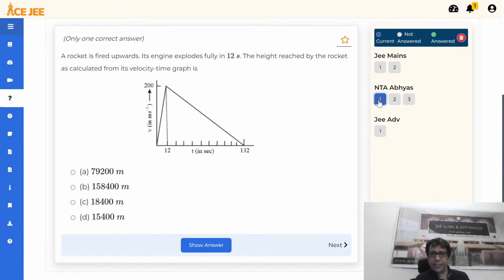Whoever is designing the paper has been trained to be very technical. Not to say that NTA examiners are not technical, but it depends on the target audience and what level you're trying to set. So the answer to your question is yes, the graphs would be accurate. You wouldn't have to worry about that value.